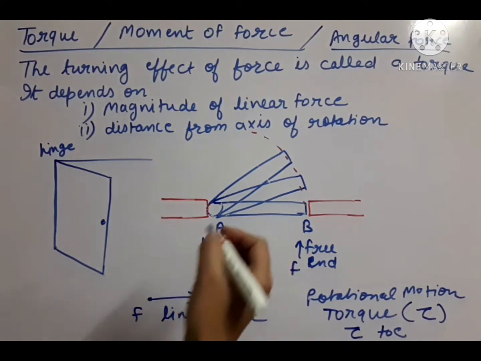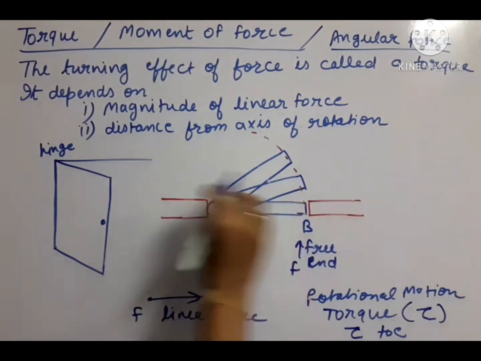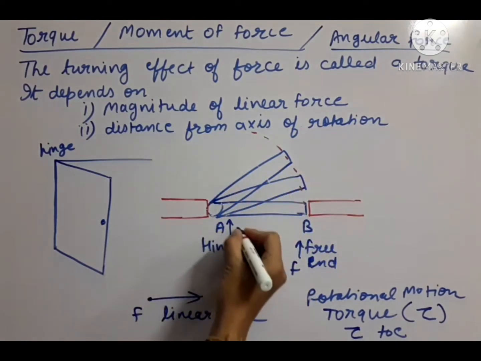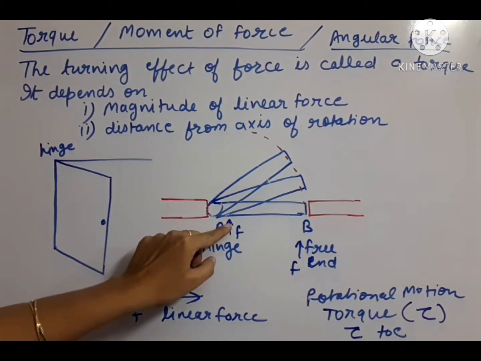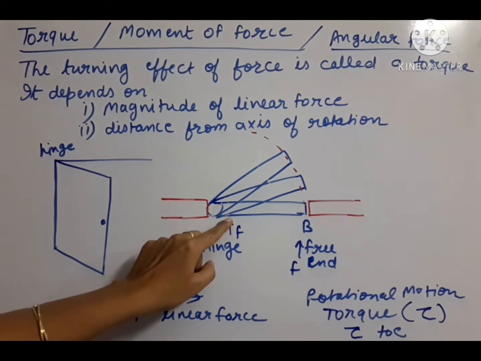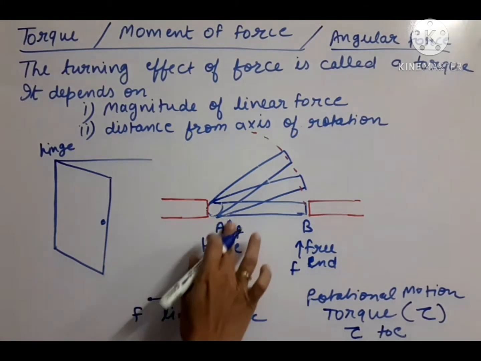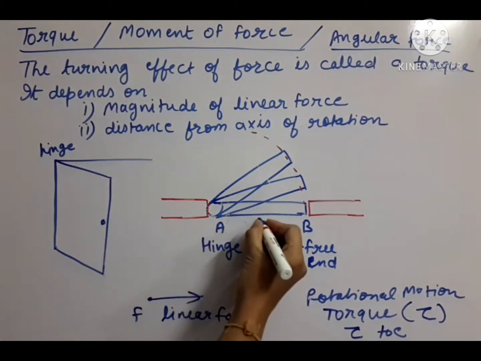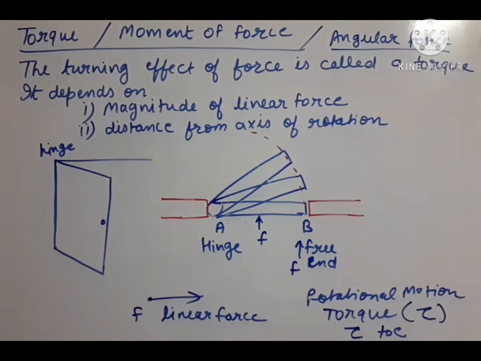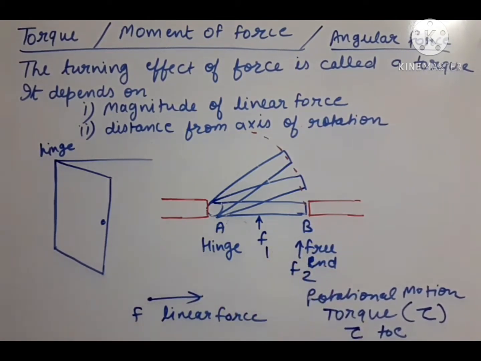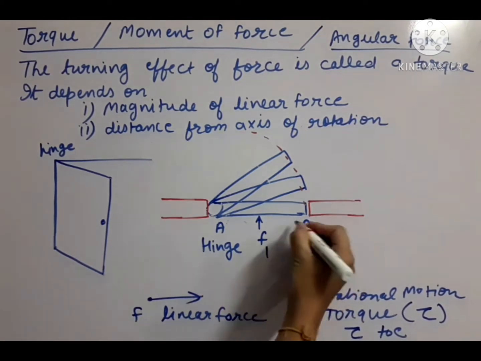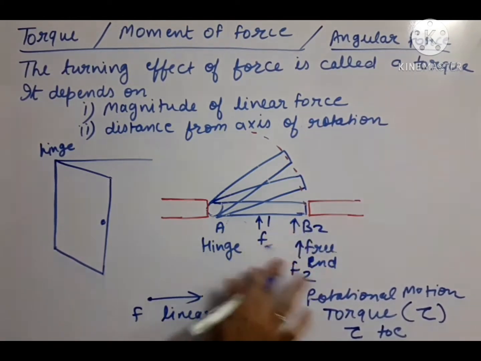If on this door we apply the force directly here at point A, we are just trying to move the door by applying the force at its fixed end. Will the door be in rotational motion? No. Now we change the position of the force. Suppose now we apply the force here, or we apply the force here. So this is position 1 and this is position 2.